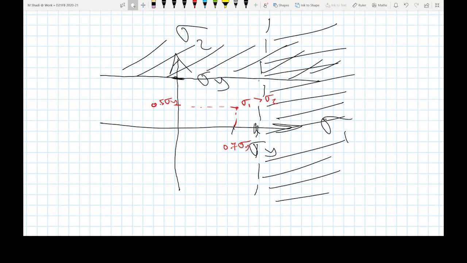You can get immediately to this point here, which is going to be probably 0.9999 sigma y from the sigma 1 direction, also from the sigma 2 direction. You pick which one is larger, and as long as this is smaller than sigma y, this is still within the elasticity range.